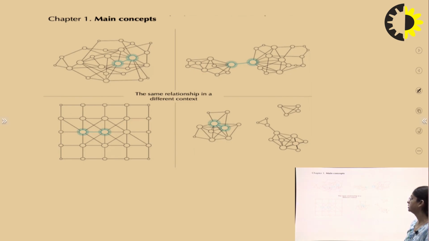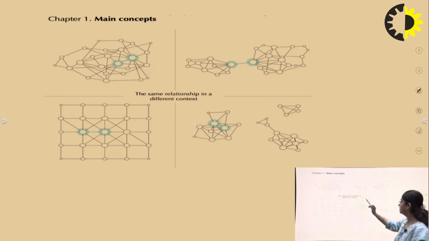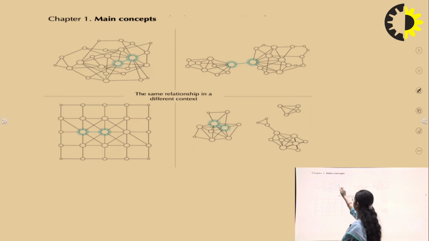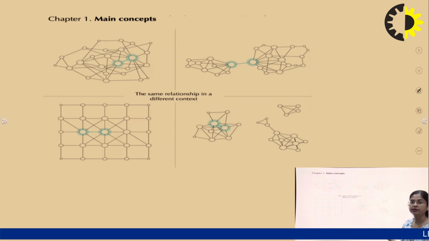Next, see, we have seen that there are many connections. The main connection, highlighted in blue, shows the same number of relationships in different contexts. So you can analyze how the same number of vertices and the same number of edges can connect with each other in different scenarios.